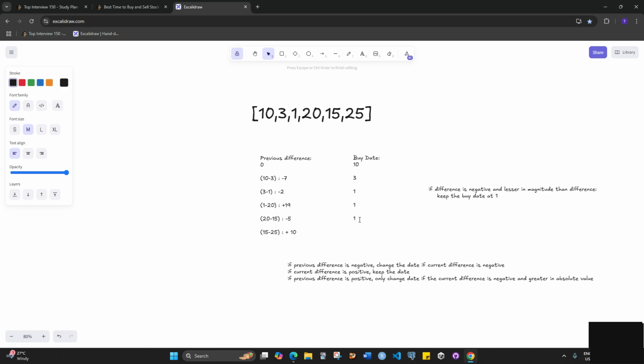So keep track of the greatest, because if I was to keep track of... no, but if I keep track of the greatest gain, then... oh no, that might work.